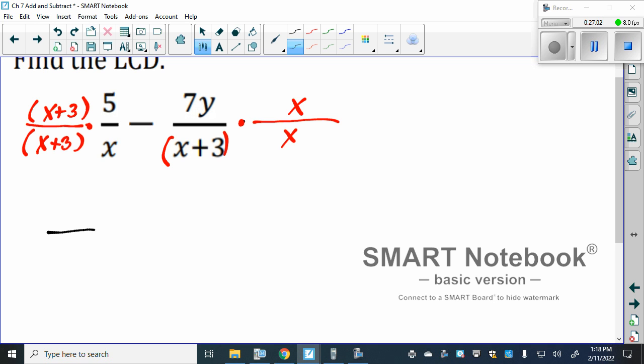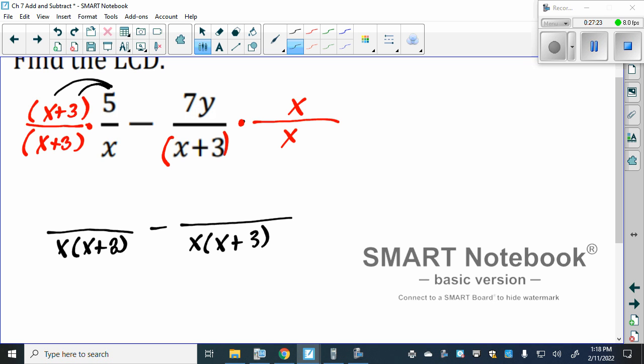Now that we see what we need to get the denominators to be the same, they're going to be x times x plus 3, and we can go on and multiply the numerators. With the 5 times x plus 3, we can go on and distribute. A lot of times when I get to this step, if it's something I feel comfortable multiplying through, I'll go on and do it.